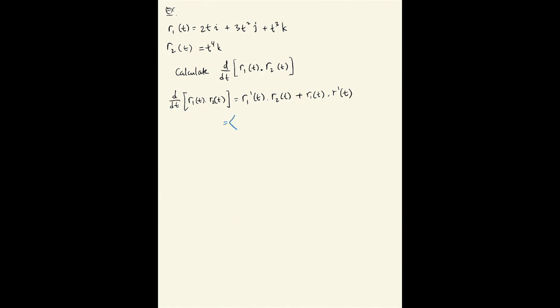So R1 prime, or let me write the derivative here. So it's 2i plus 6t j plus 3t squared k.